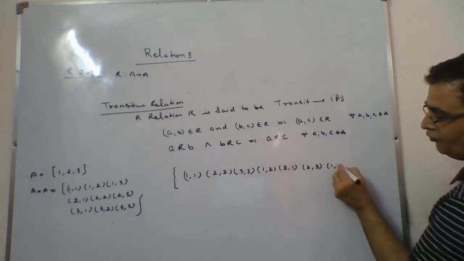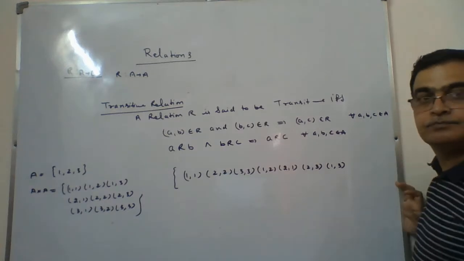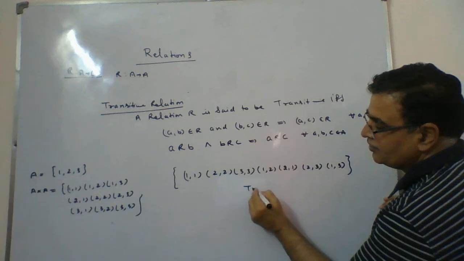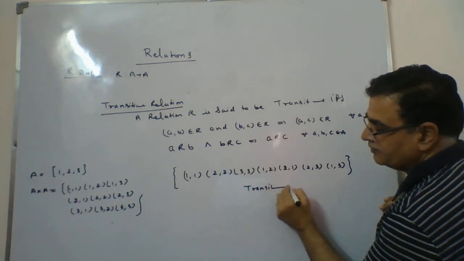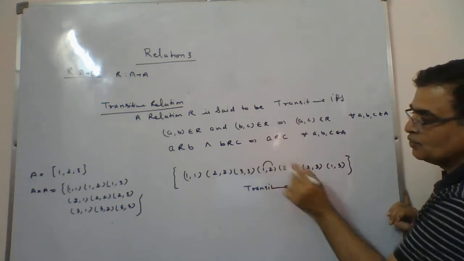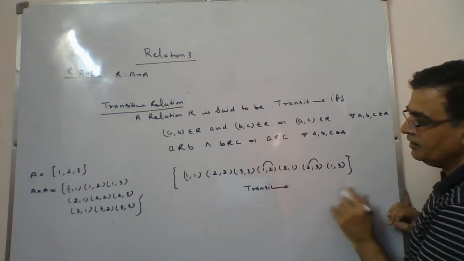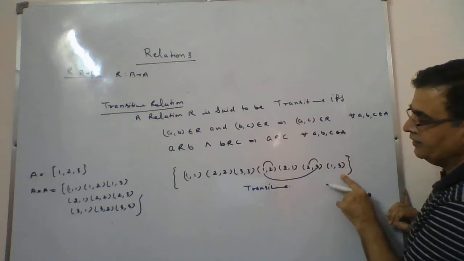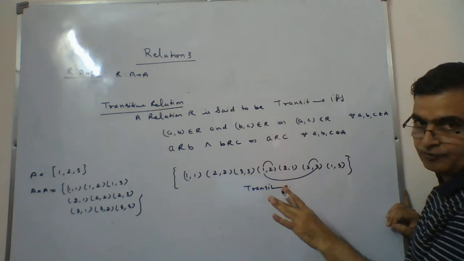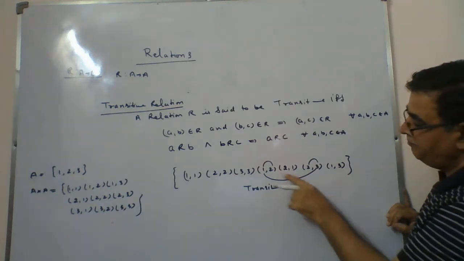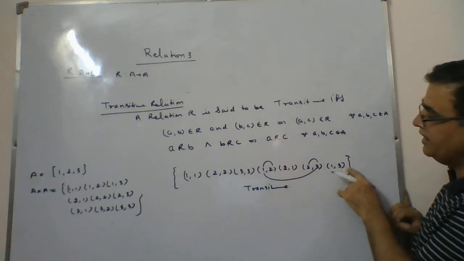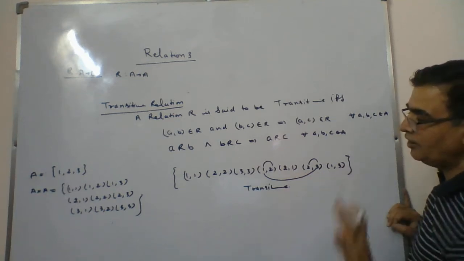If (1, 3) is also there, then yes, it will be a transitive relation. Transitive relation says: 1 relates with 2, 2 relates with 3, then 1 relates with 3. If this condition holds for every pair present here, that A relates with B, B relates with C, then A and C must relate, then it is called a transitive relation.